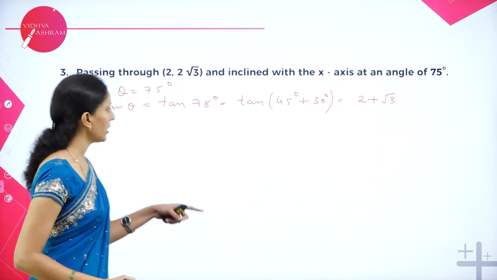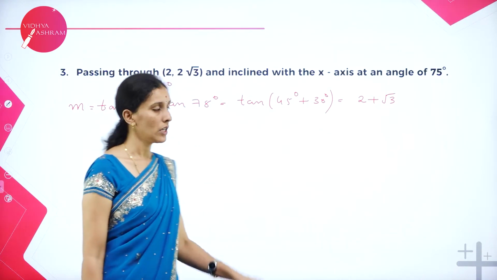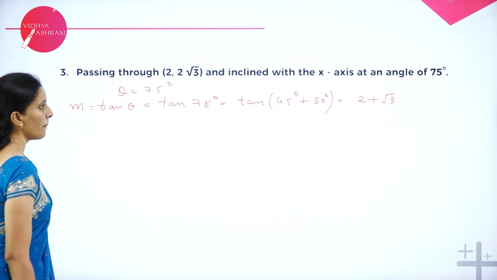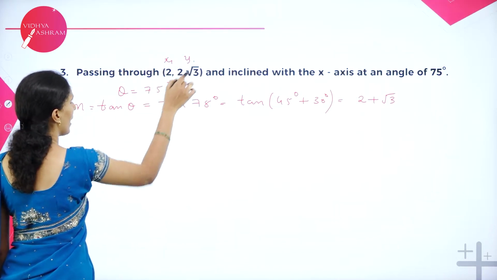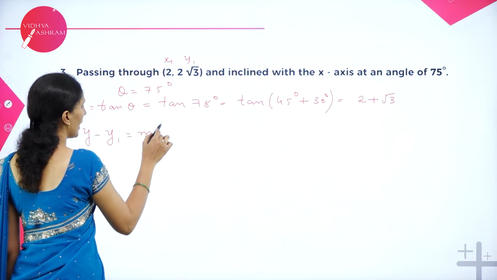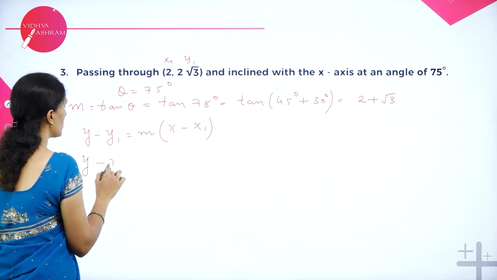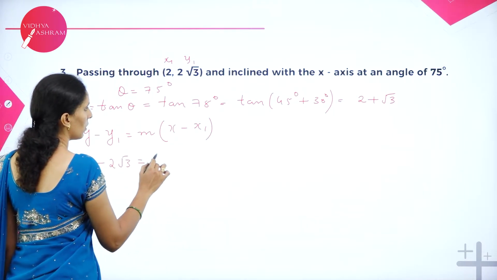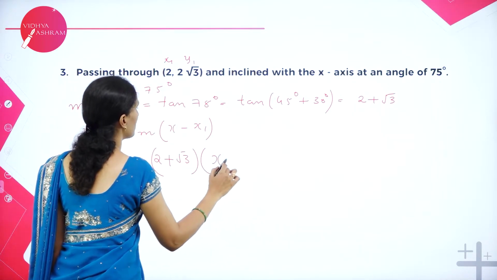Or in your examination, write directly tan 75 degree is equal to 2 plus root 3. So now I got m is equal to 2 plus root 3. I know x1 and y1 value. Again using the formula, y minus y1 is equal to m into (x minus x1). So y minus 2 root 3 is equal to (2 plus root 3) into (x minus 2).